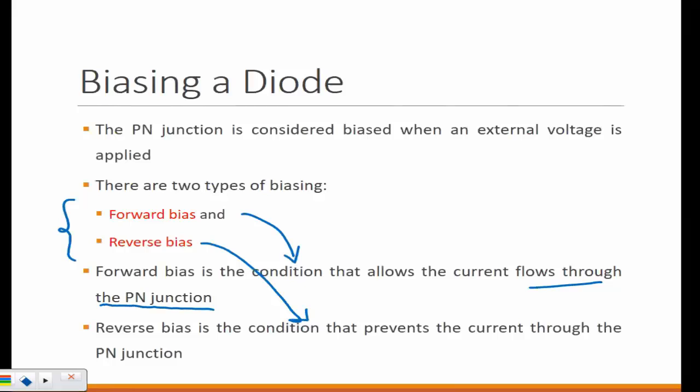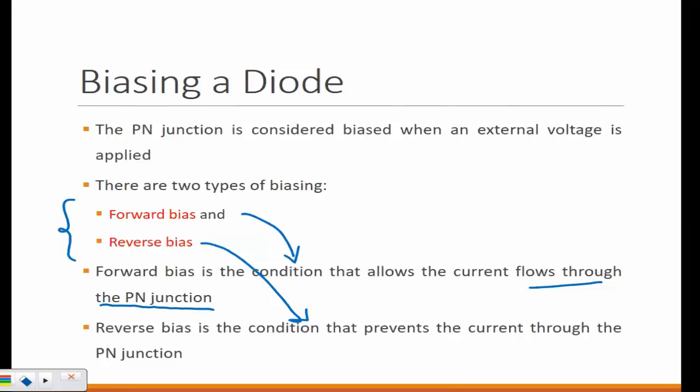So whenever we say forward bias, we automatically imply that current will flow through the junction. Again, how much current? That depends. Whenever we say reverse bias, current will be prevented by the same PN junction.